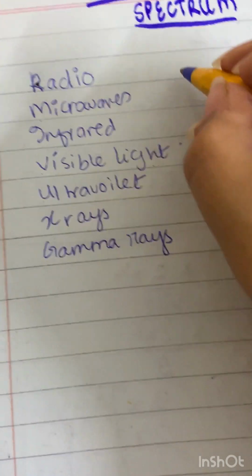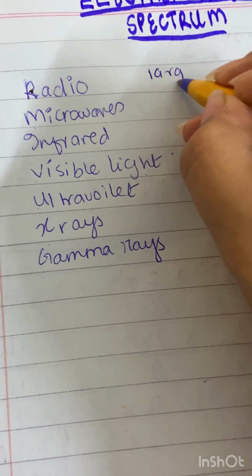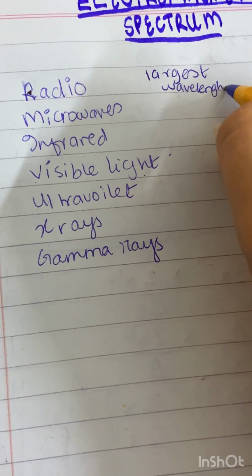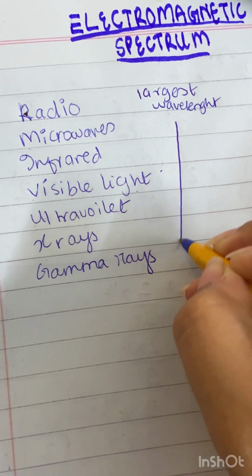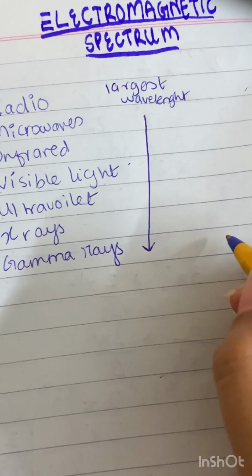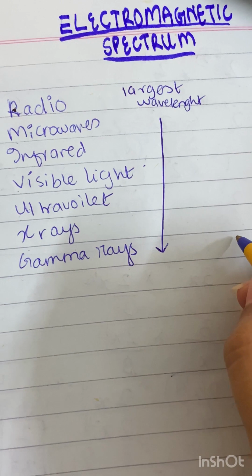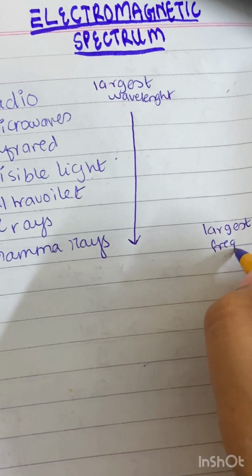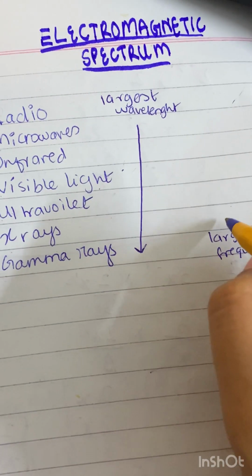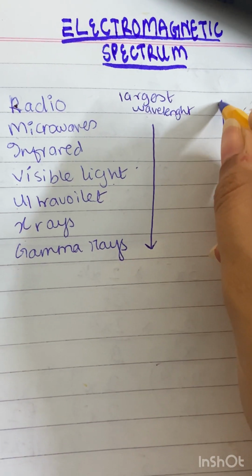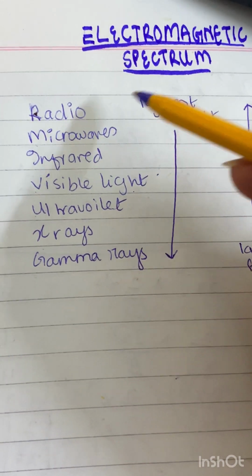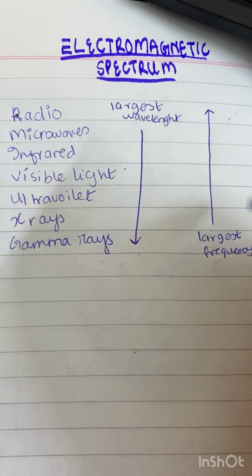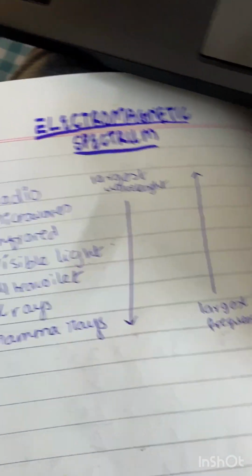So largest wavelength, ठीक है, and as we go down the spectrum the wavelength decreases, and regarding frequency it's the other way round. So gamma rays has the largest frequency, and as we go up the frequency decreases. So radio waves are going to have the least frequency and the largest wavelength. Gamma rays has the least wavelength and the largest frequency. That's the first objective that we had to cover.